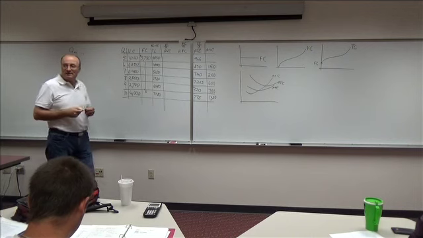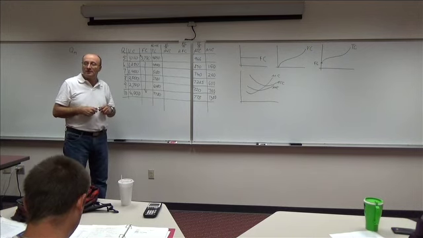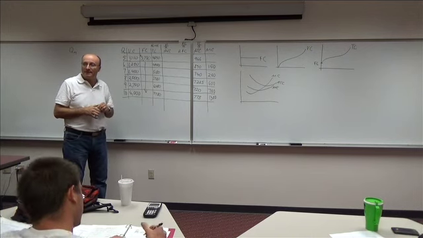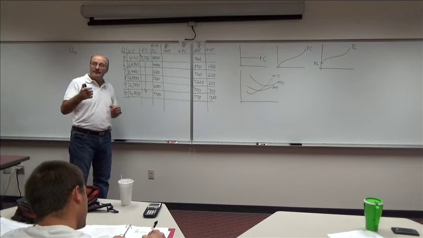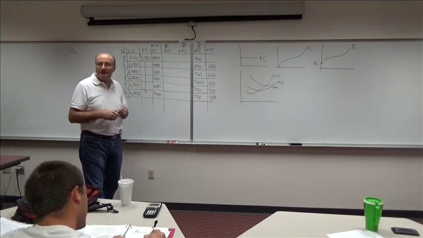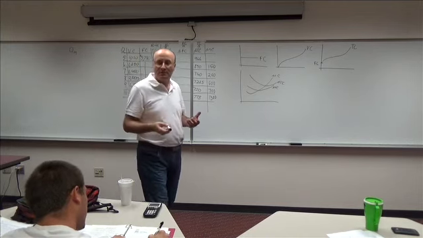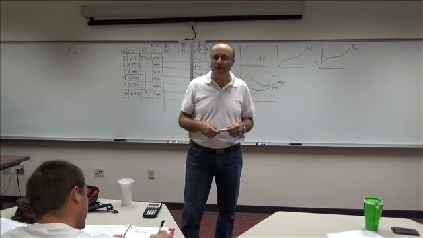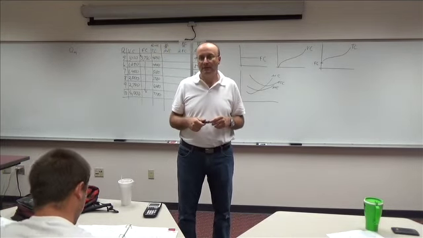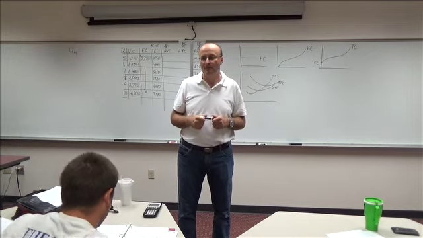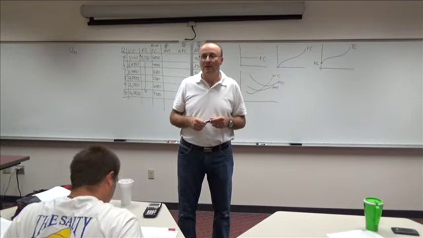So that's the first thing we're supposed to do, right? Yes. Very good. And then we're supposed to find the price, and then we're supposed to find the profit. And then show the monopoly produces inefficiently.